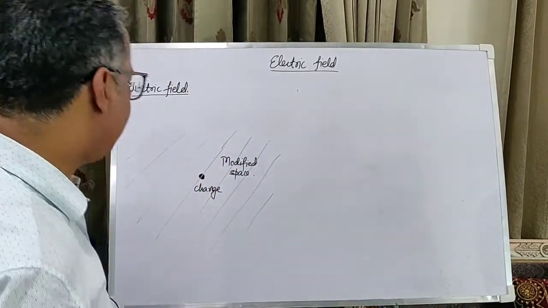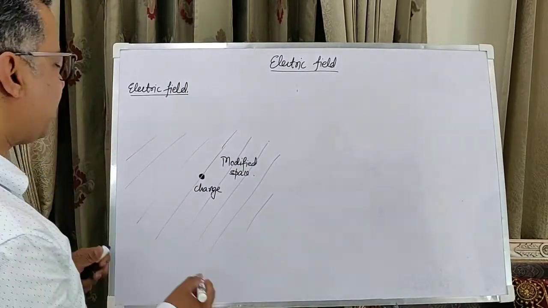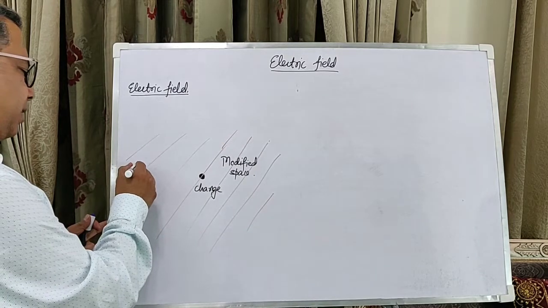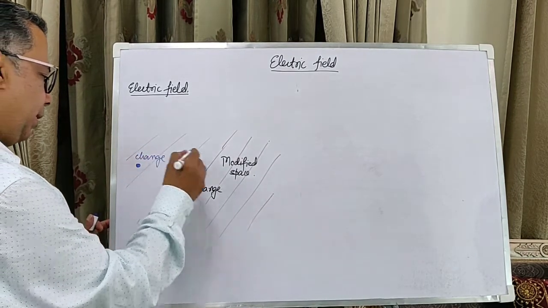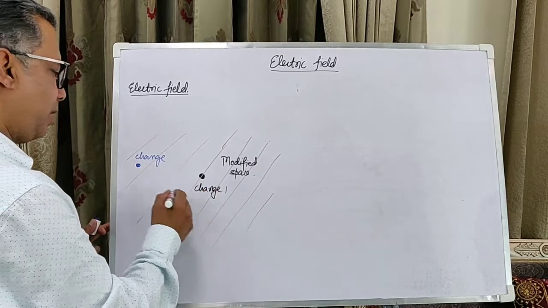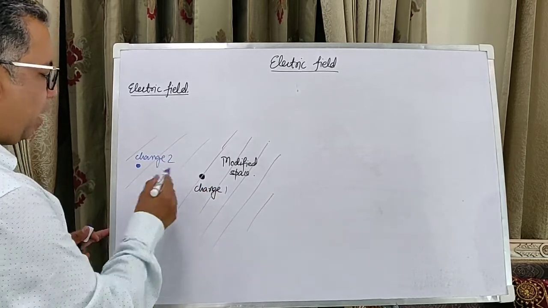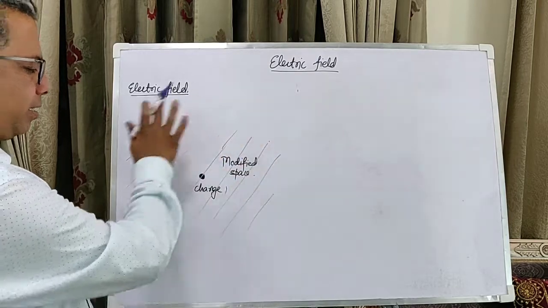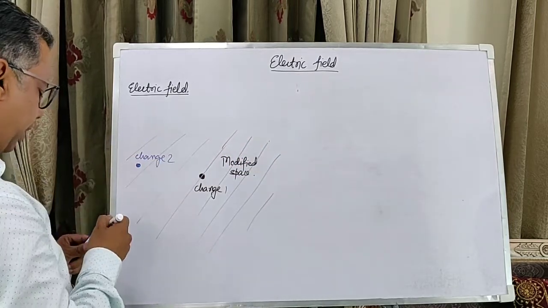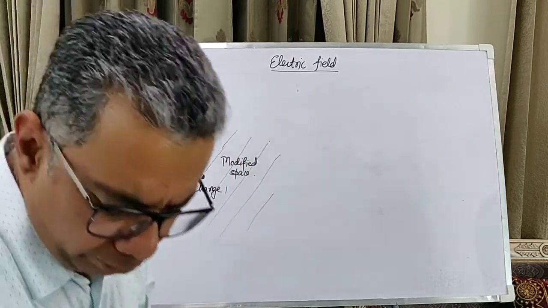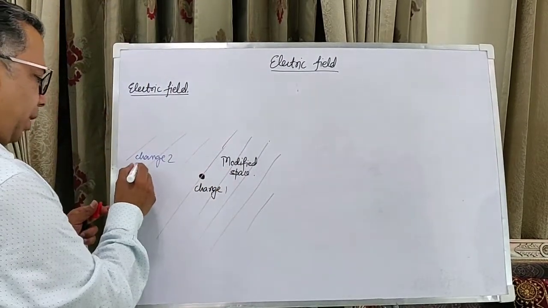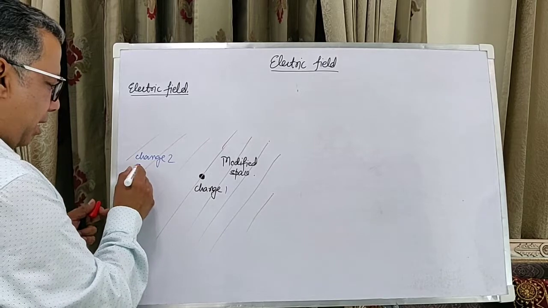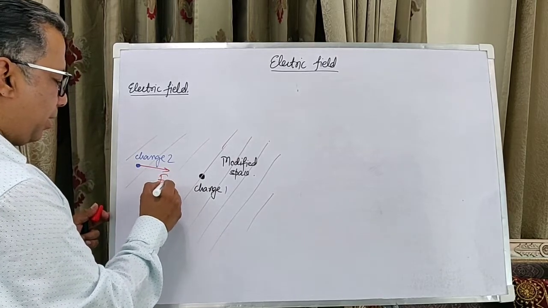The modification is such that if we place any other charged object here, let's say this was charge 1, this is charge 2, any other charge brought inside this modified space will experience a force due to charge 1. Let's say they're unlike, so there will be an attraction.